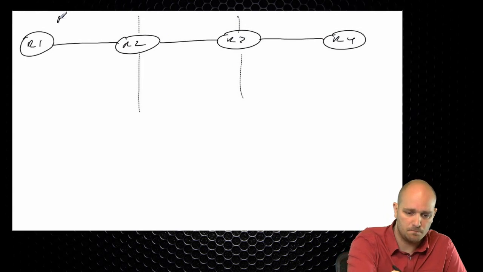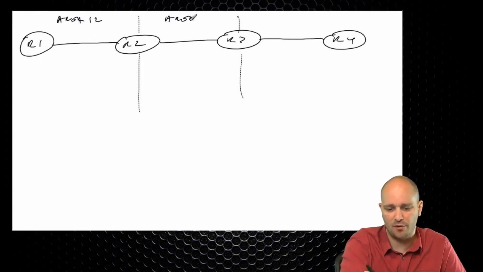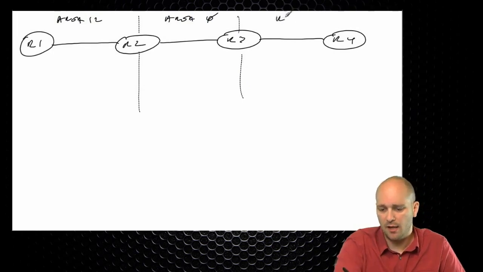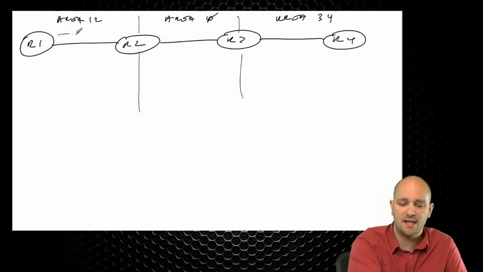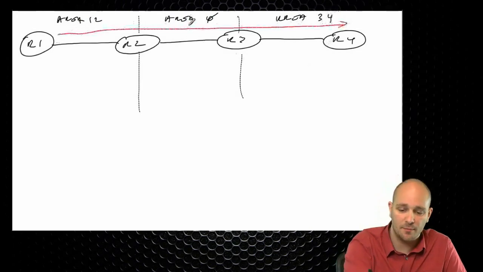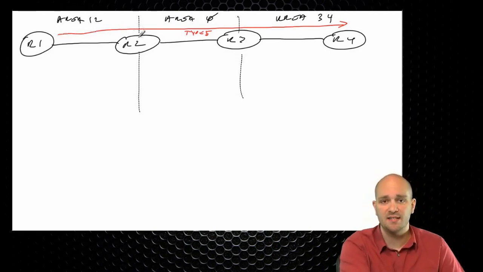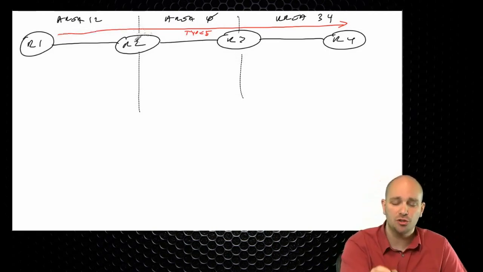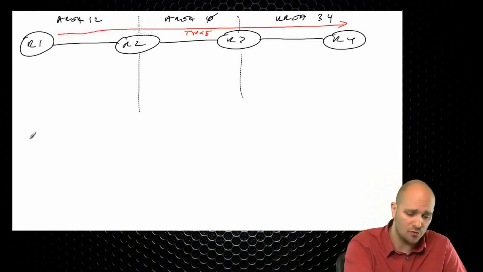This is area 12, this is area 0, and this is area 34. Now, we know that this external LSA is going to go end-to-end. So this is type 5. Now, the important thing to know is that the presence of this type 5 does not trigger generation of type 4 LSA. So I'm going to write that down in red.